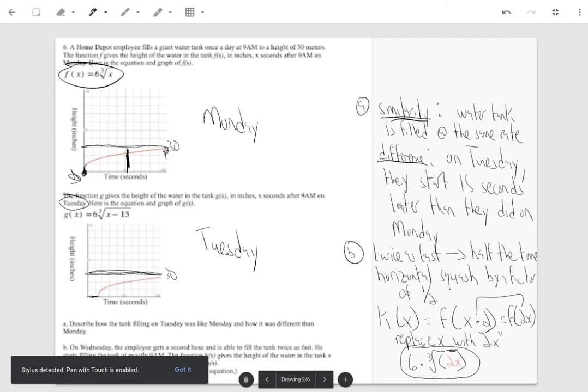And I got that by going to my function notation first, and then f of 2x literally means replace x with 2x and then simplify. In this case, there was no simplifying needed. So 6 times the cube root of 2x. That is it for number 6.